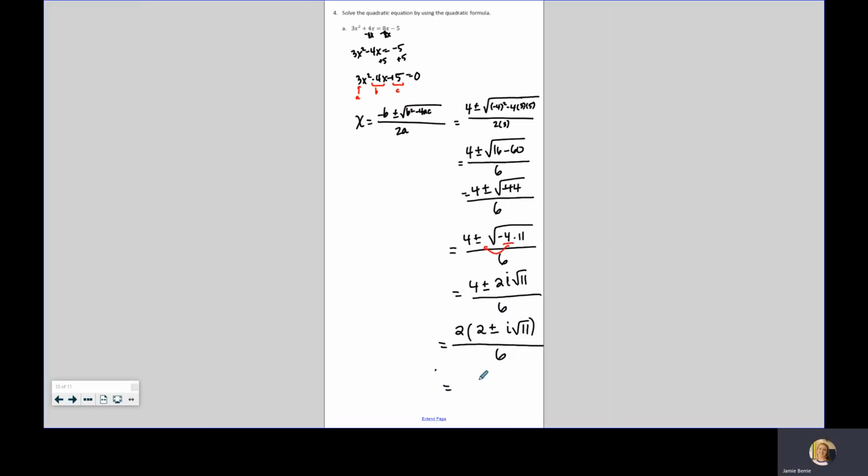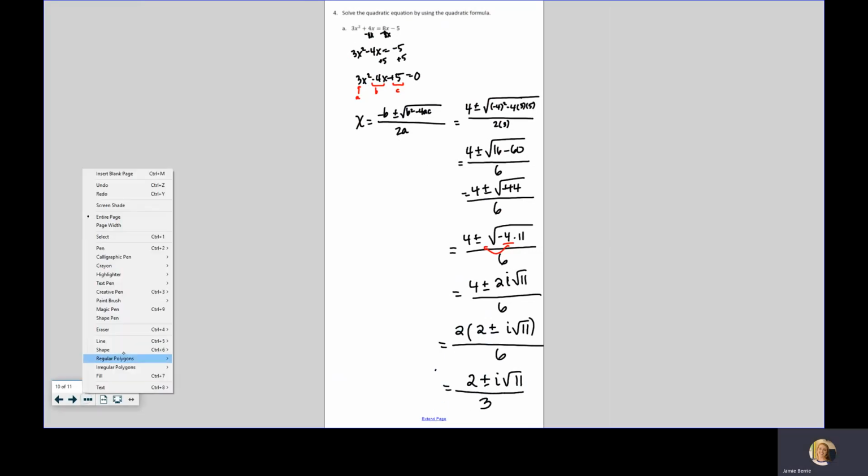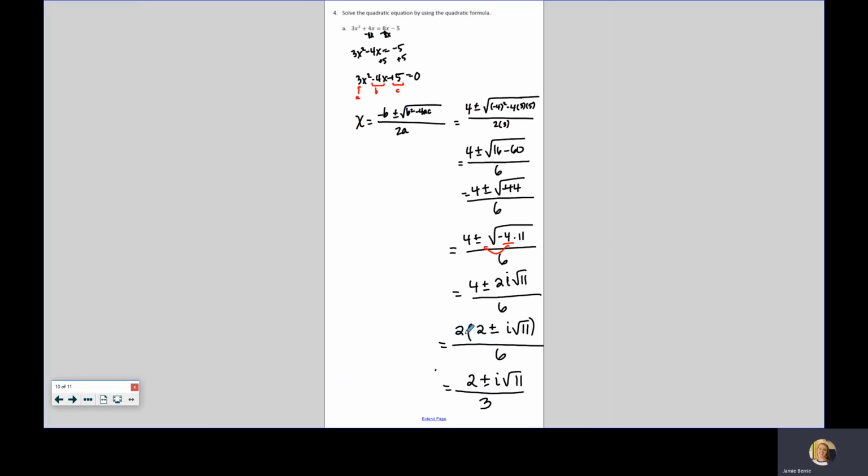So you can just write 2 plus or minus i square root of 11 over 3. And that's it. That's my final answer. It's totally fine to have complex numbers in your answer here.